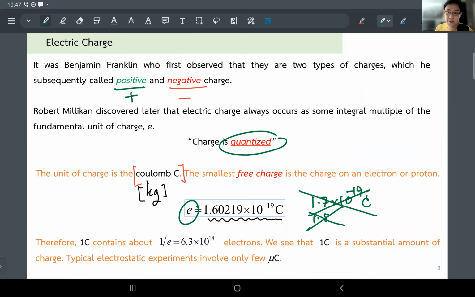Okay. And you don't have to worry too much, because that negative 19 is super, super, super small. So for our everyday experience, it feels pretty smooth already, because it's hard to imagine any quantities that can have numbers that low.